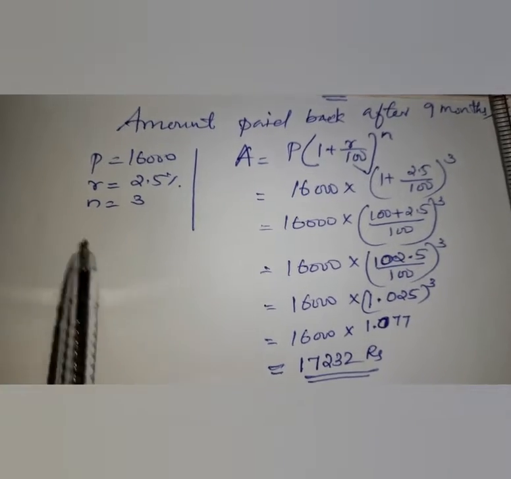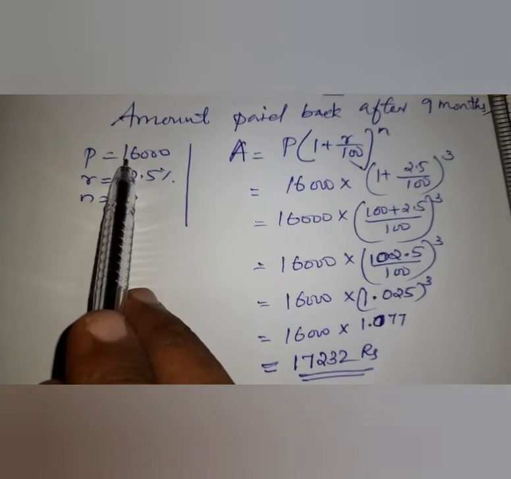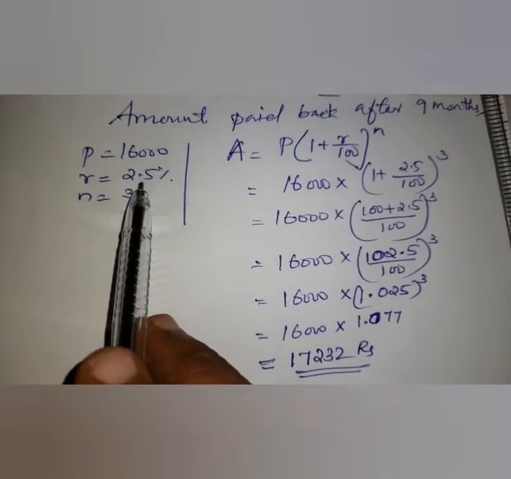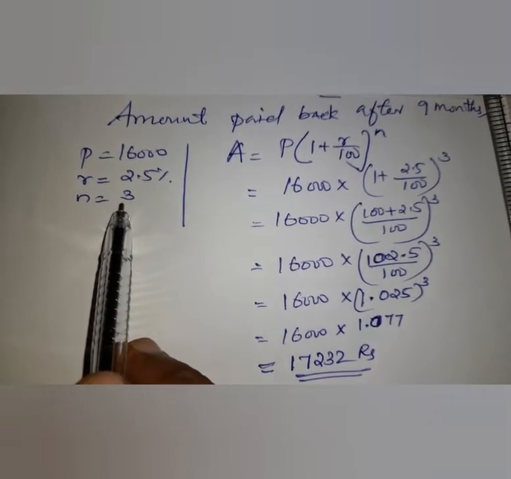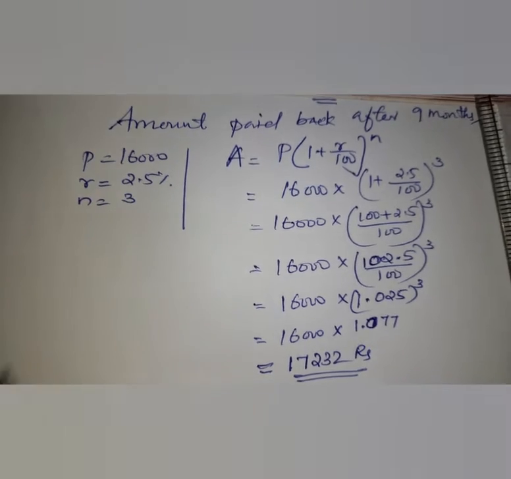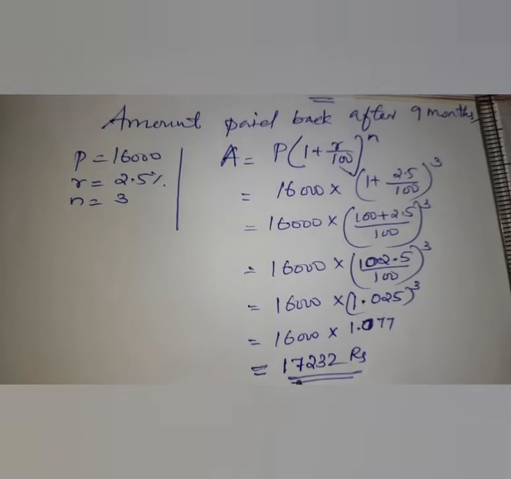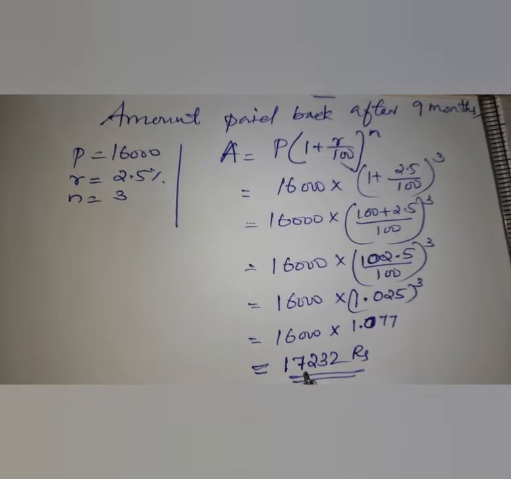So 16,000 we took as loan, the rate of interest every quarter is 2.5, and after 9 months he pays back the amount. Then how much did he pay along with the interest?